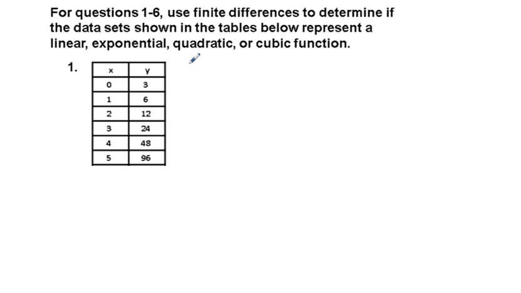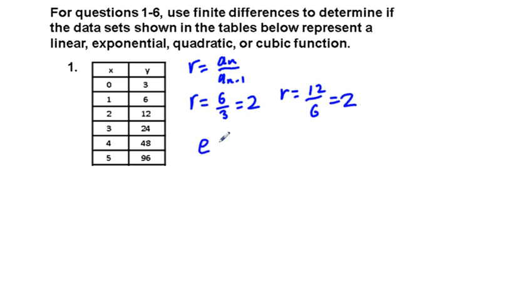Our common ratio is equal to a sub n divided by a sub n minus 1. So we take any term divided by its preceding term, in this case 6 over 3, we get 2. If we take the next one, 12 over 6, we also get 2. So we say this is exponential.